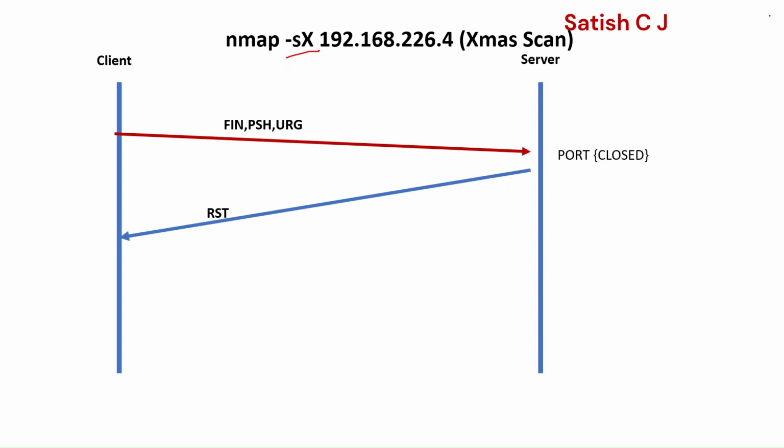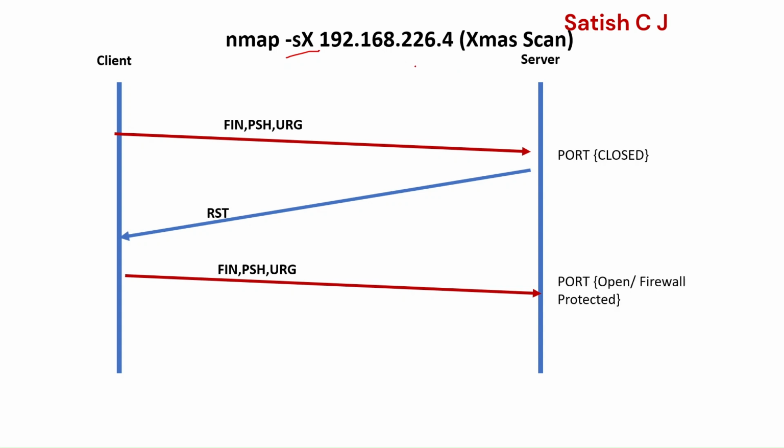If port 21 is closed, then we are going to get an RST, so we can determine the port is closed. Or else, if we send FIN, PUSH, and URG flags set to 1, and the port is open or firewall protected, then there will be no response from the victim. By this process, we can determine whether the port is closed or whether the port is open or filtered.